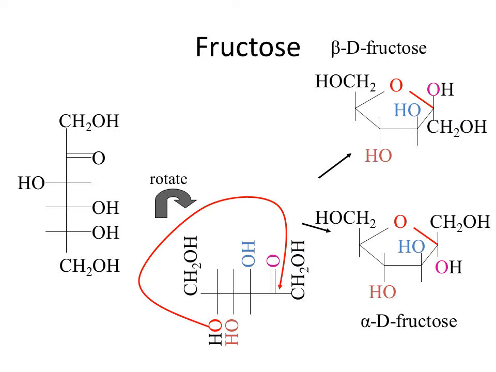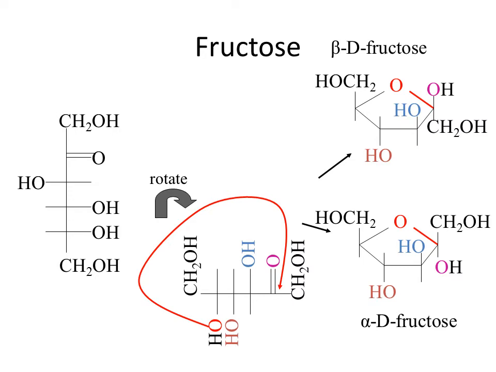Again, they're attached to that carbon that used to be the carbonyl. You now have that carbonyl changed to a hydroxyl group. And there is a hydroxymethyl group attached to it.